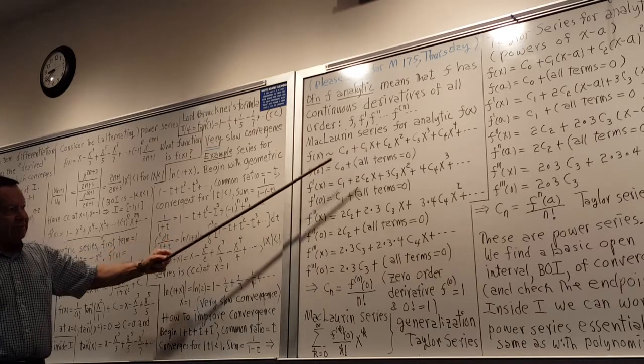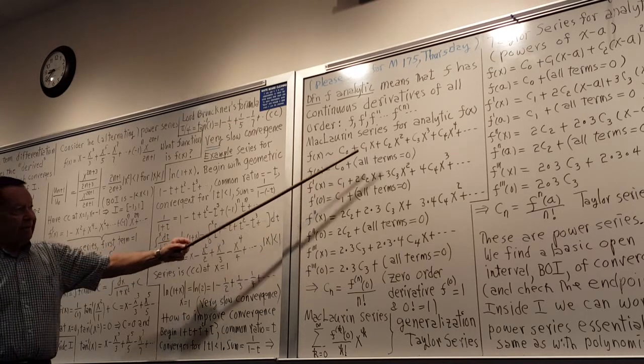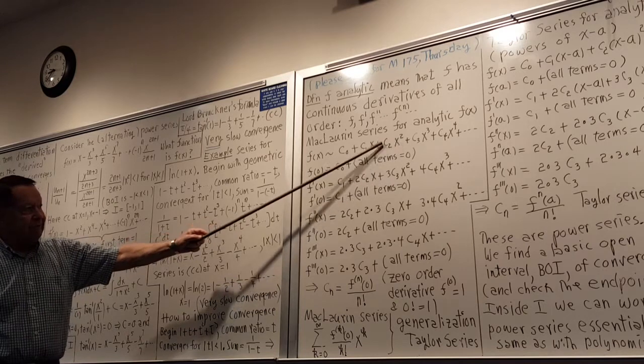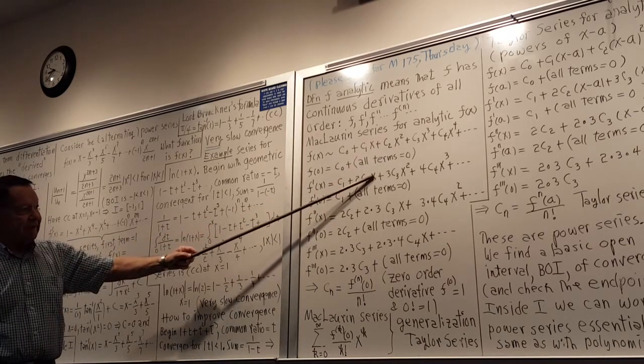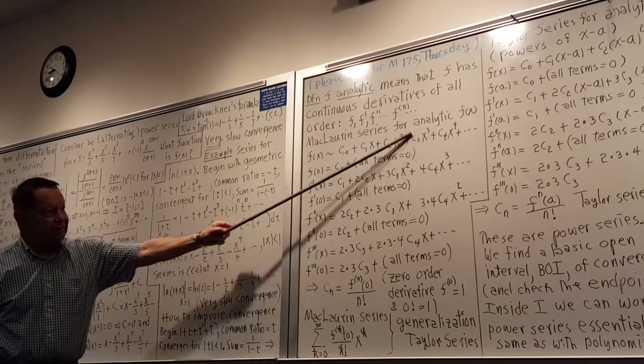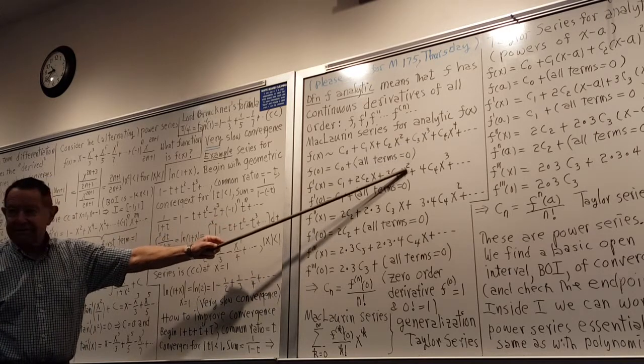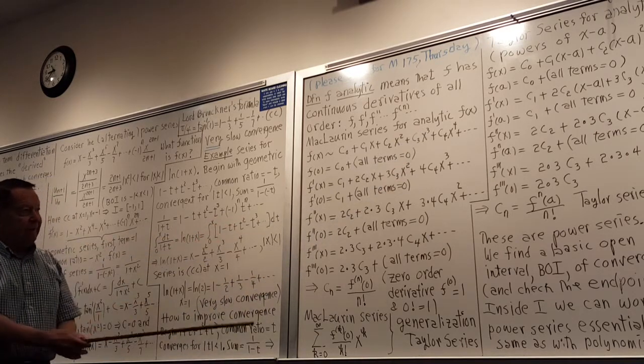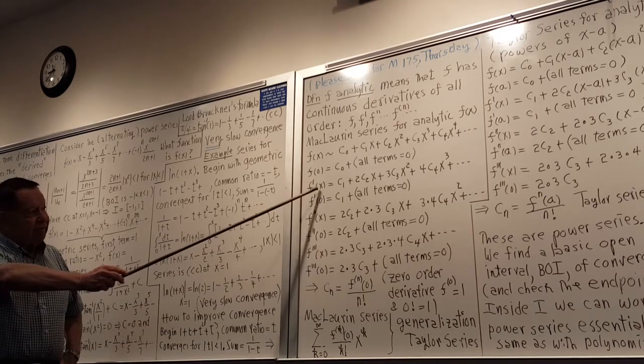Then this gives you c1. Then this gives you 2 times c2 times x. This gives you 3 times c3 times x squared, and so on. And so f prime of 0, put 0 there.